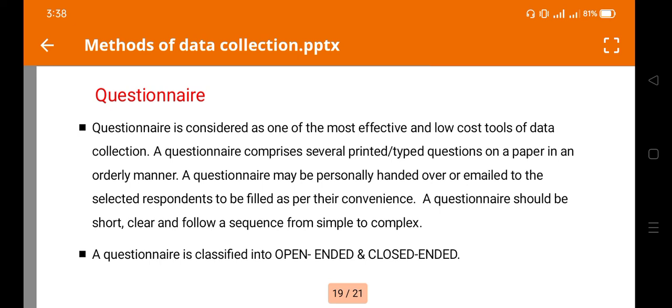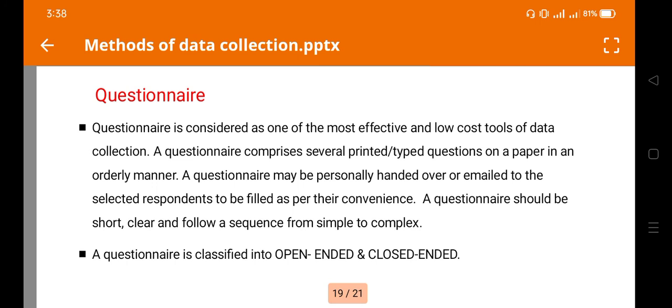Obviously some are MCQ based, while others have a set of options: strongly agree, disagree, and 5 to 6 options are there, neutral and things like that. So a questionnaire is personally handed over to respondent, and respondent will fill the questionnaire according to his experiences and his likes, dislikes, and things like that.